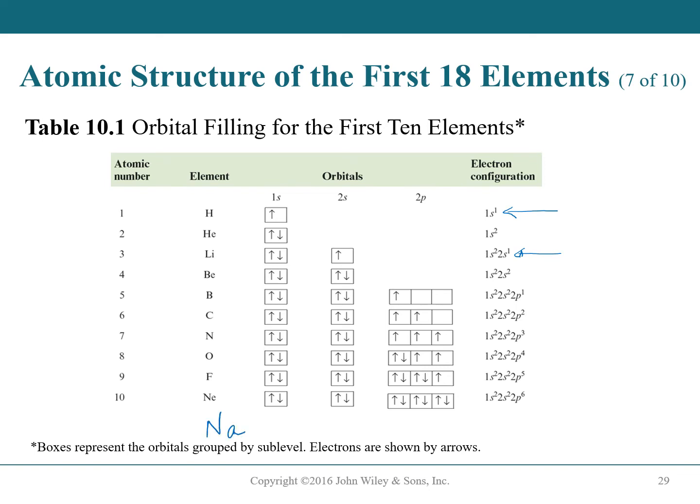And if you look at sodium, it's going to look like neon, and then it's going to have one more. And this one more, this is going to be the 3s. So sodium, 1s2, 2s2, 2p6, and then 3s1.